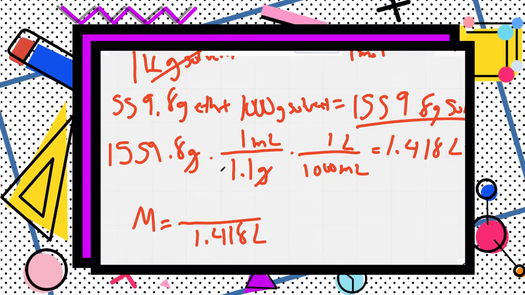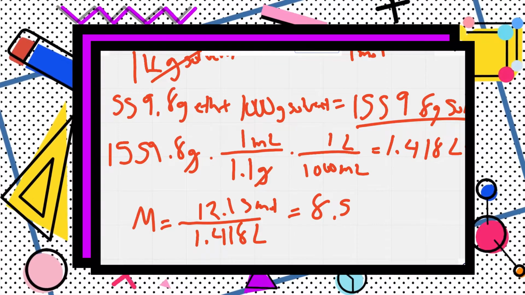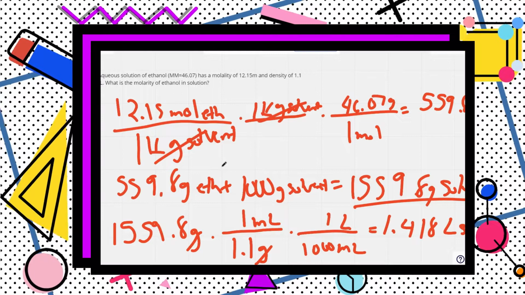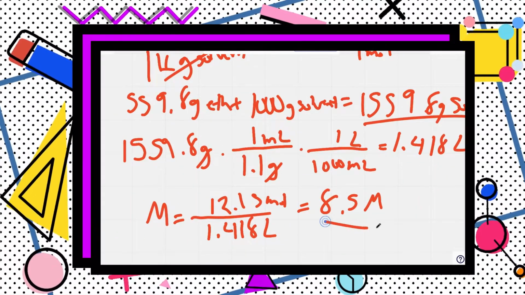It's 12.15. So now, with our molarity, we know the moles, and we got the volume now. All we have to do is divide. And once we divide, I'm going to see that I have an 8.5 molar solution here. This is the molarity of my ethanol in this solution.